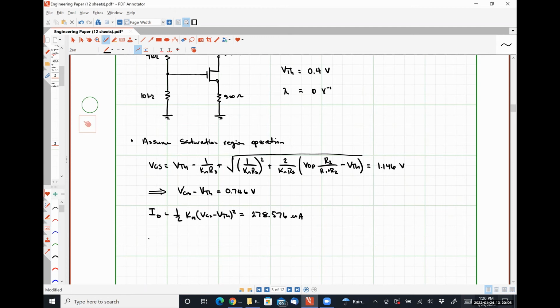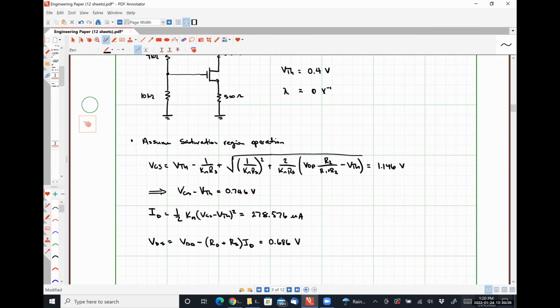And using this value of ID, I could determine VDS as VDD minus RD plus RS times ID, which would yield a result of 0.686 volts.